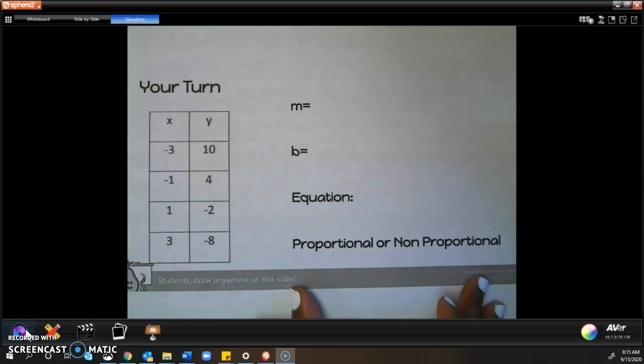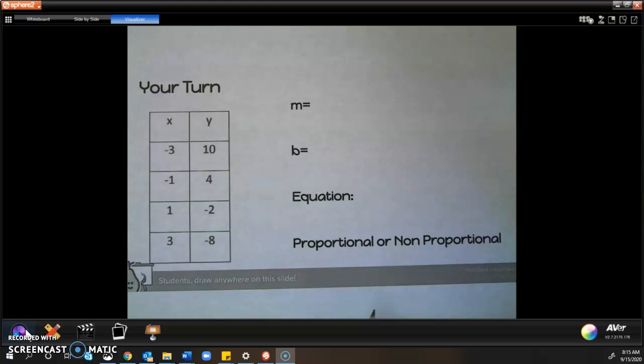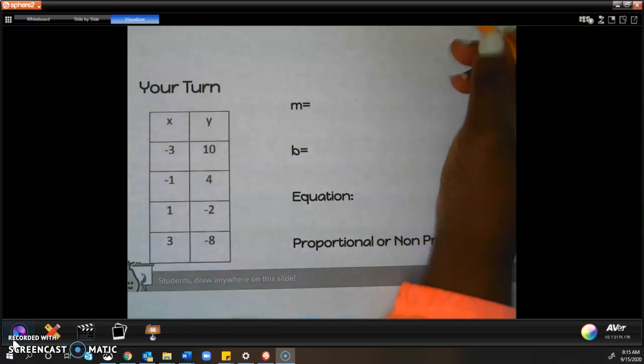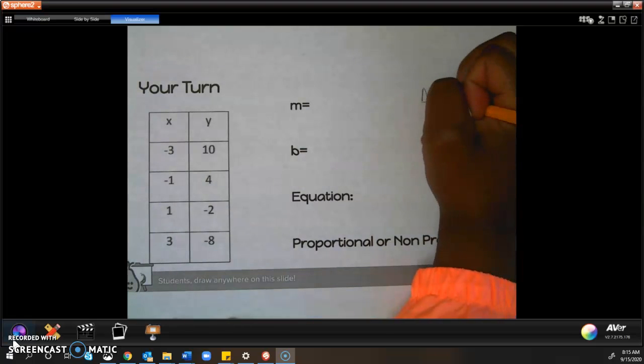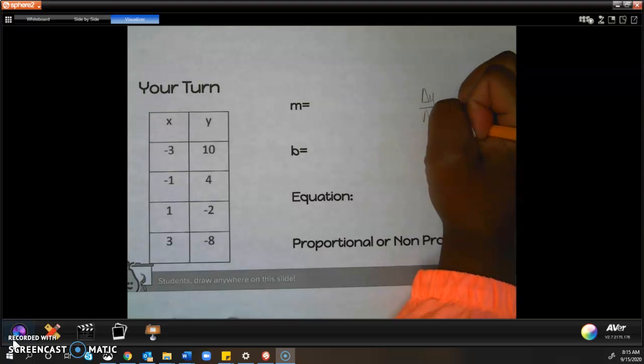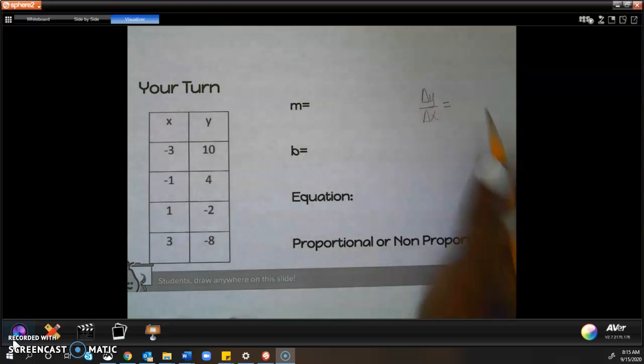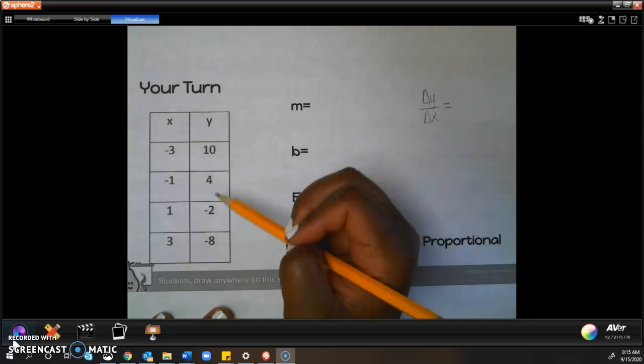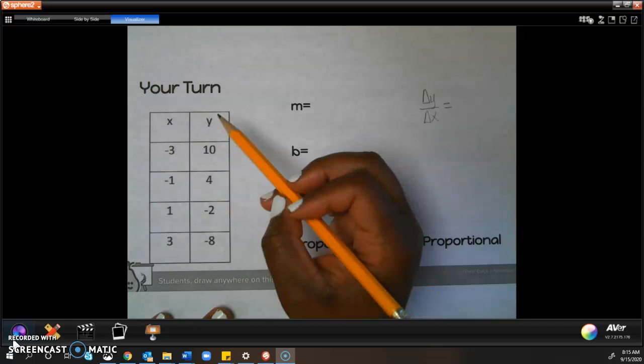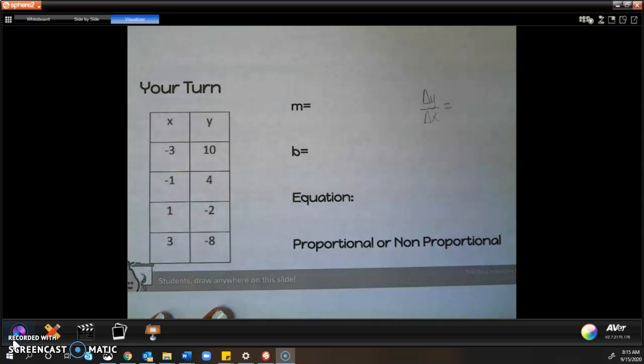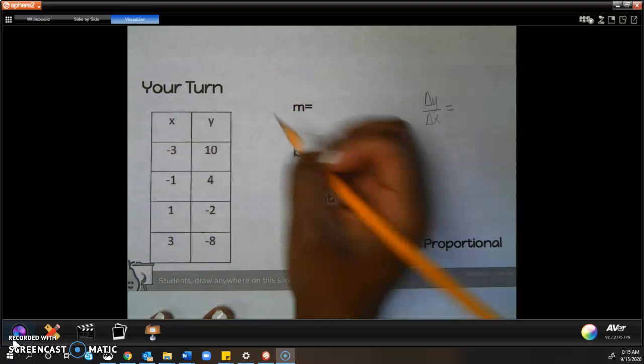Now we're going to go ahead and look at one last example. Let's make sure we got it. Okay, so I'm going to find my slope, which is changing y over changing x. I always start with my y value. Remember, on tables, your y value is on the right and at the bottom.